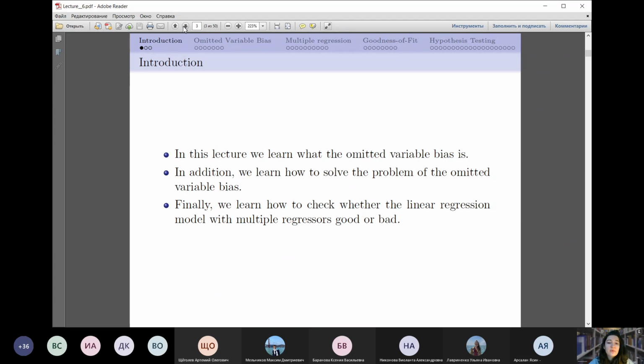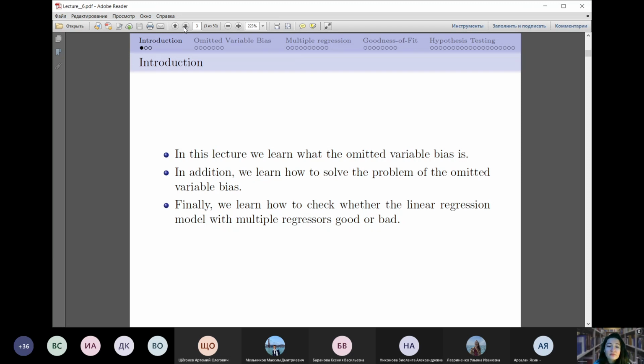So we start our lecture with the discussion of the omitted variable bias problem. This is why we need to use multiple regression models in most cases, because of omitted variable bias.